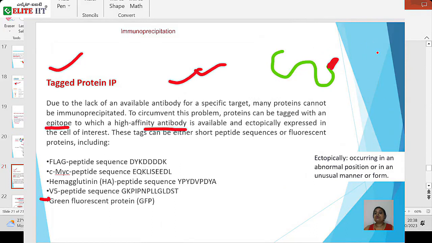An epitope is the part recognized by the antibody, present on the surface of the antigen. The whole antigen is not acting as the epitope, only the small tagged part is. If you precipitate an antigen in this way, it is called tagged protein immunoprecipitation.